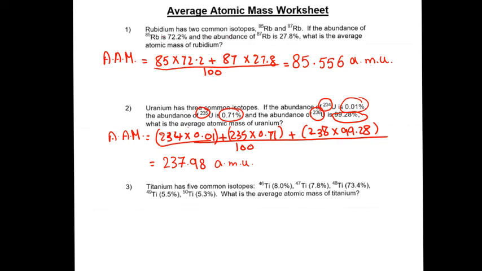Third example, titanium has 5 common isotopes, and you are given the mass number and the abundance of each isotope and asked to calculate average atomic mass of titanium.